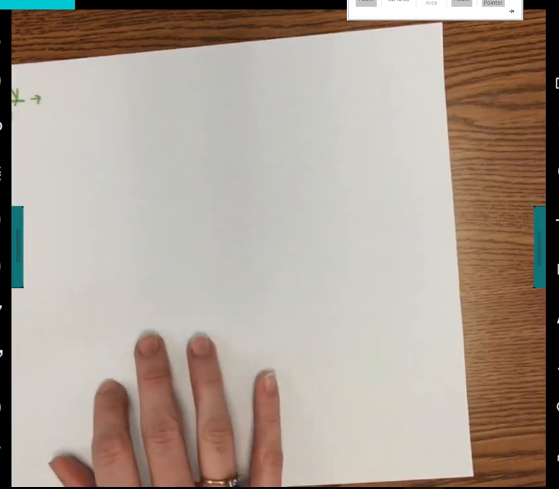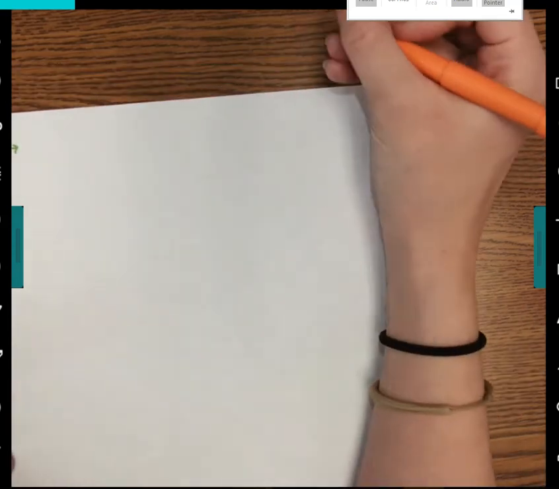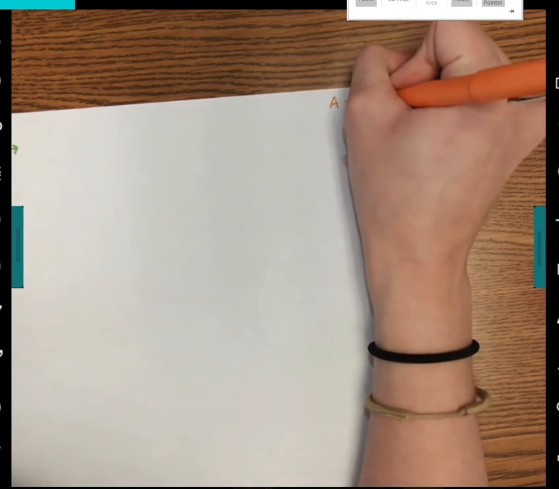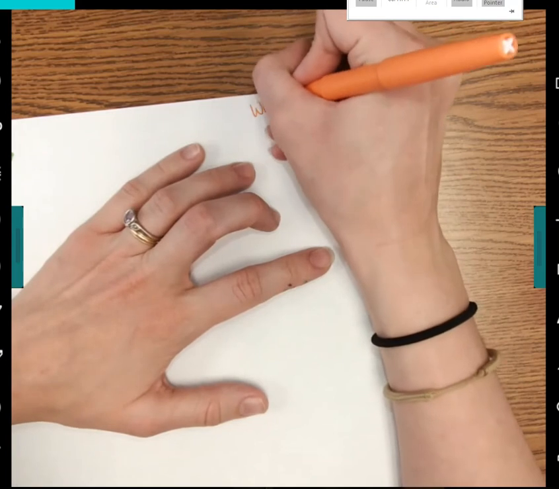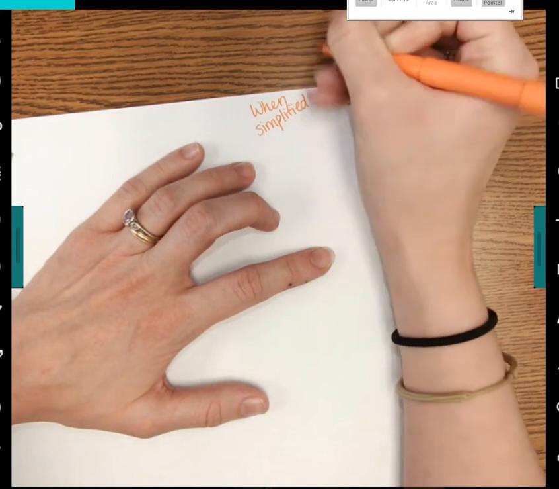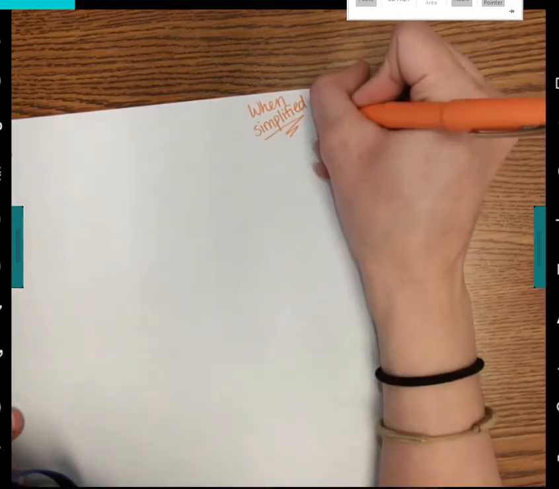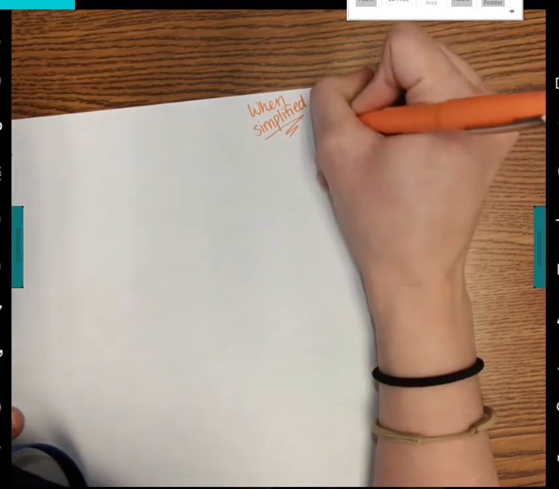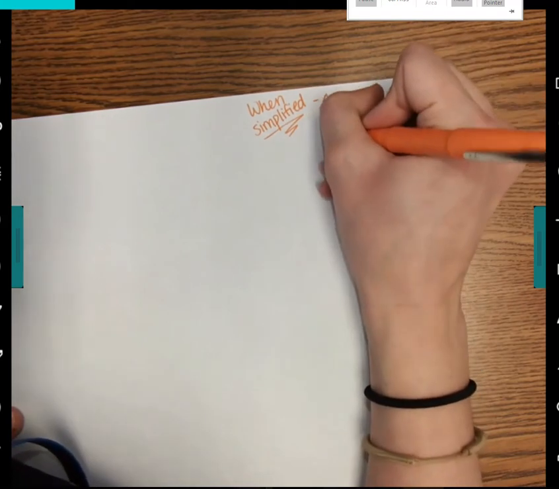So, guideline number 1. A variable, or rather, when simplified, a variable should only show up in one place.